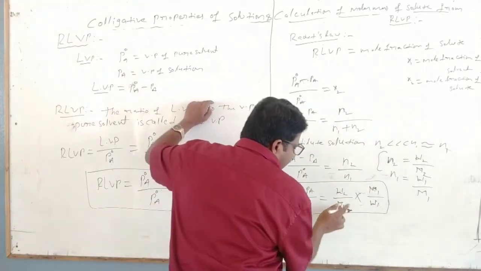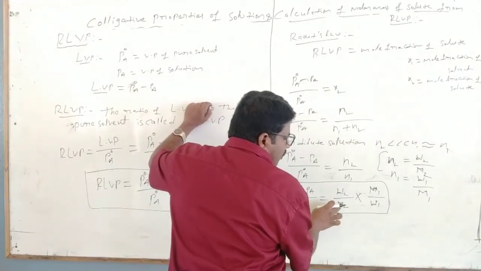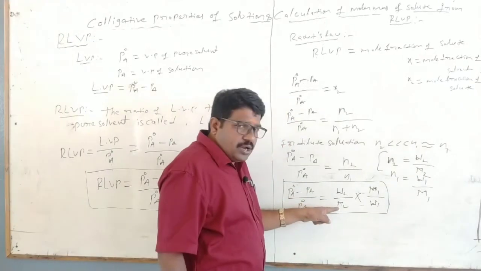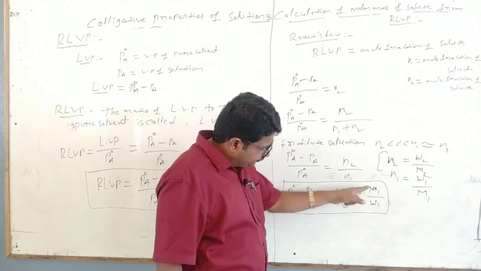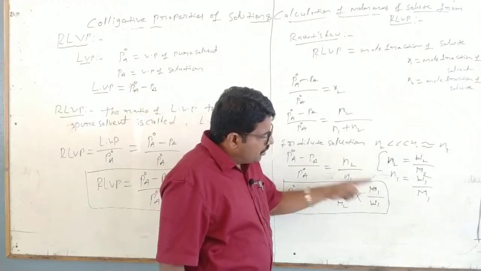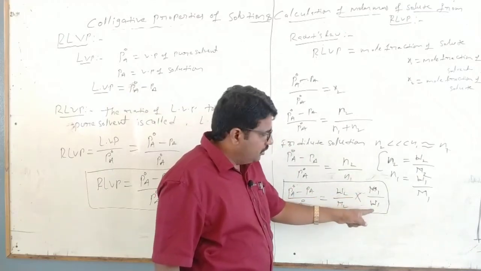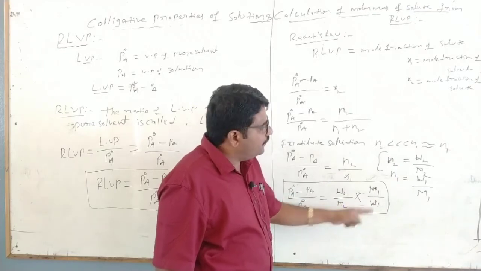From this you have to calculate M2. M2 is the molar mass of solute, W2 is the weight of solute, M1 is the molecular mass of solvent, and W1 is the weight of solvent.